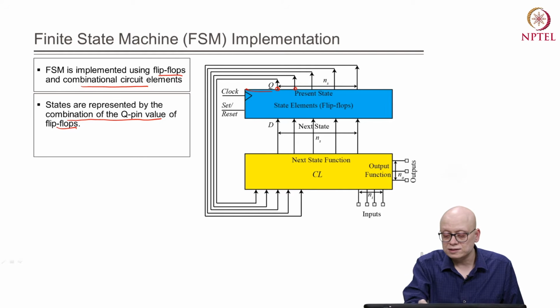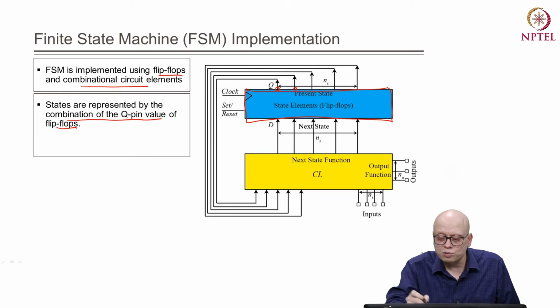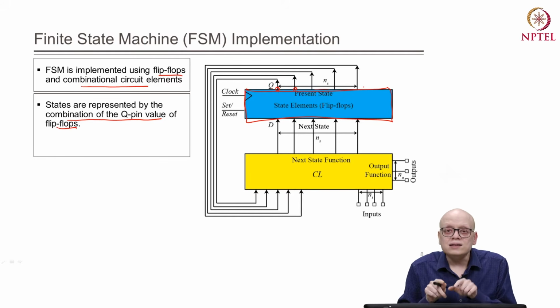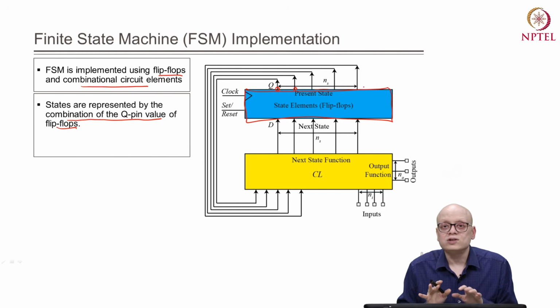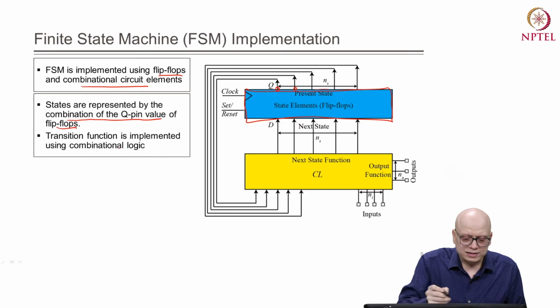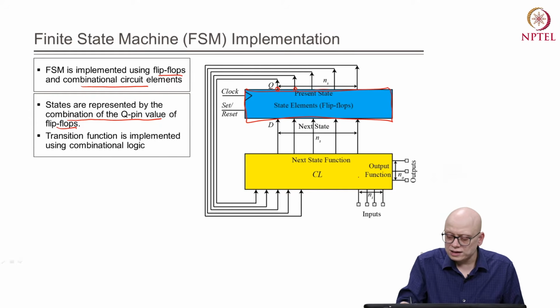This big chunk represents a set of flip flops and the outputs of this set of flip flops are denoted as Q, right. Now, this output of the flip flops will represent the current state of the FSM, and the transition function is implemented using a combinational logic CL, right.